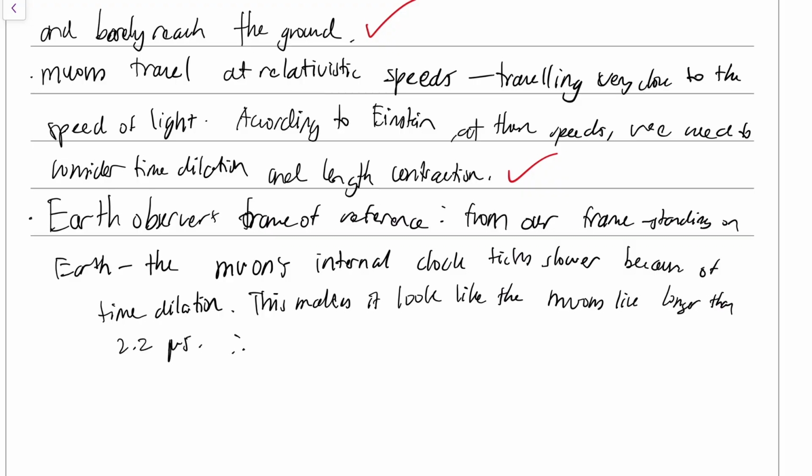Okay, therefore they survive long enough to reach the surface. So that's where our fourth mark comes from. Essentially saying that from the observer's frame, time is dilated. Muons last longer. Okay?